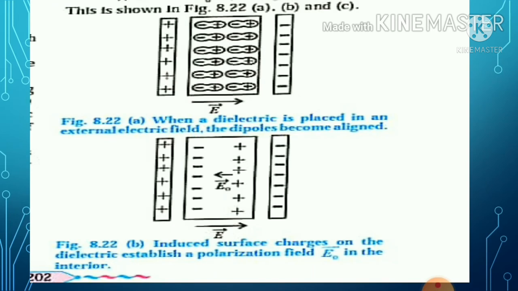Then in figure 8.22b, induced surface charges on the dielectric slab establish a polarization electric field E0 bar in the interior region of the dielectric slab.